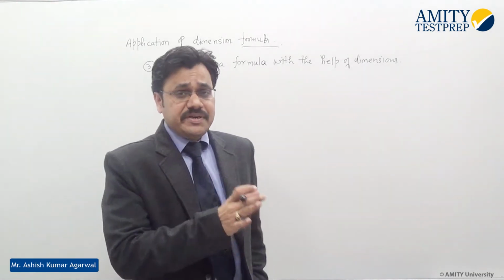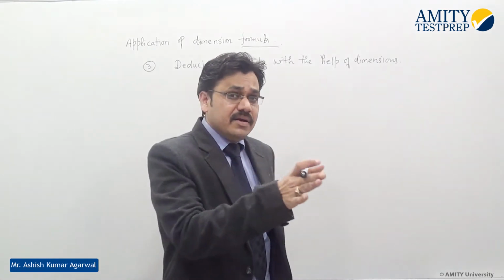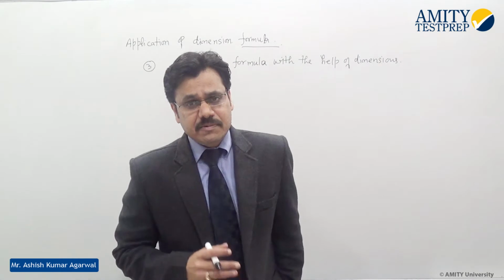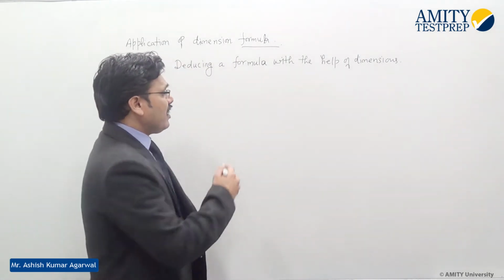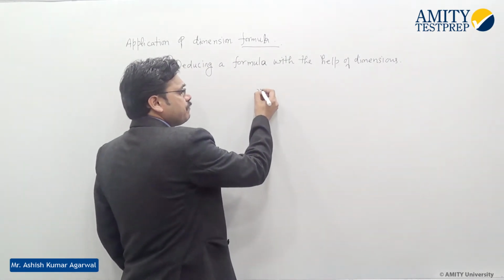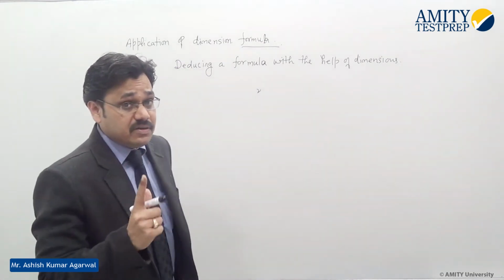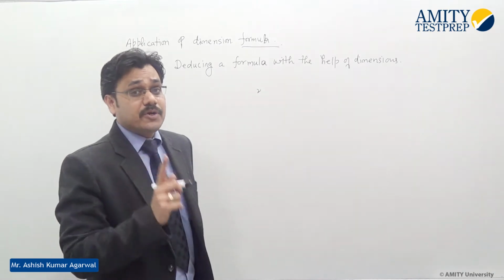Now I have to proceed: how can I deduce the formula, or get the relationship between these three? First of all, I have to write what the frequency depends on. It has to be remembered it is of product type.